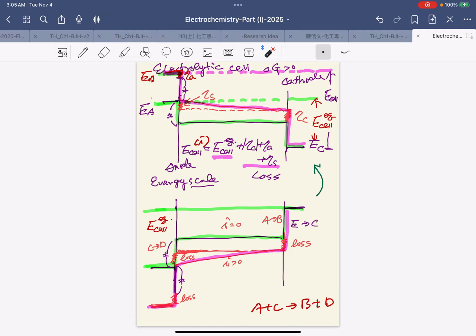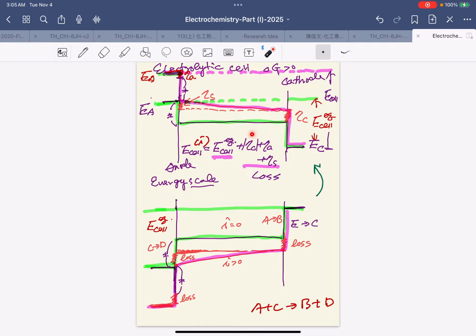So the higher potential is lower energy. Okay, the lower potential will be higher energy. So this is once you apply a current. So the real E cell, you need to consider this thermodynamic curve, E cell, this one, right?